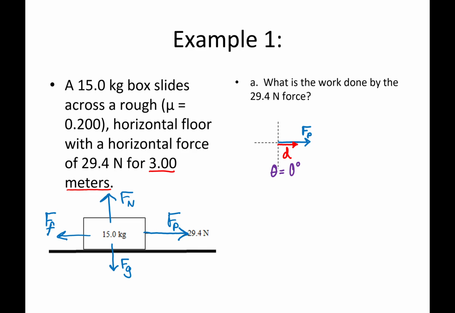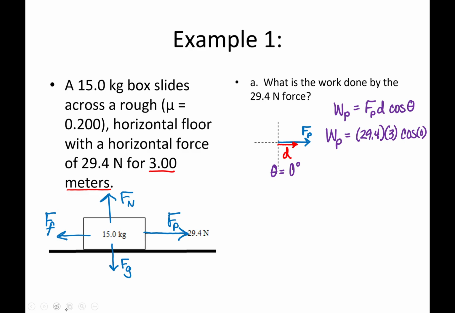So we need to write the generic equation that work done by the push would be the force of the push times d times the cosine of the angle in between them. Then we need to plug and chug. So we've got 29.4 times 3 times the cosine of 0.